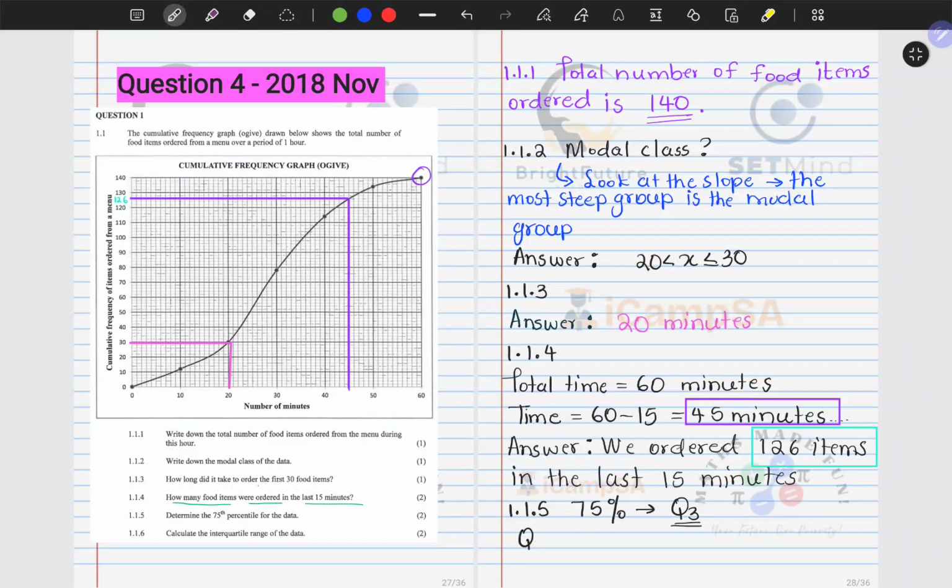But remember that Q3 is just 3 over 4, which is where the 75 comes from, times n plus 1. So this will be 3 over 4 times, we found the total number of food items to be 140, so 140 plus 1. So we have 3 over 4 multiplied by 141, and that becomes 105.75.